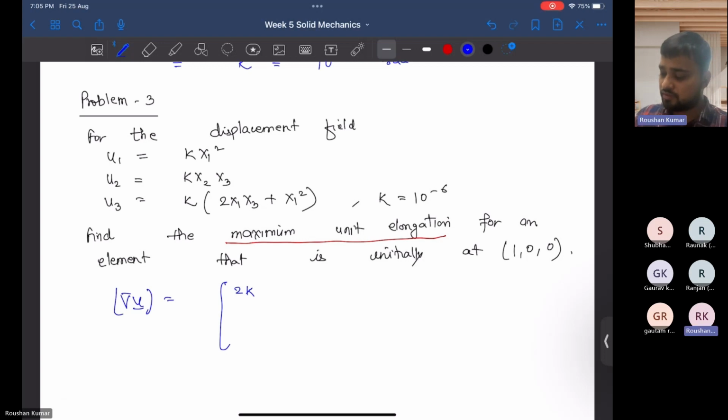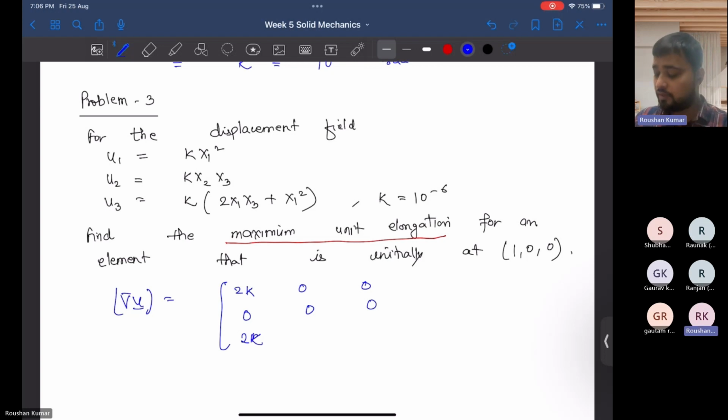Del u1 over del x2 is 0, del u1 over del x3 is 0, del u2 over del x1 is 0, del u2 over del x2 is 0, del u2 over del x3 is k x2, and x2 is 0, so it also becomes 0. Del u3 over del x1 is k times (x3 plus 2x1), and x2 and x3 are 0, and only x1 equal to 1 is left, so we will get 2k.